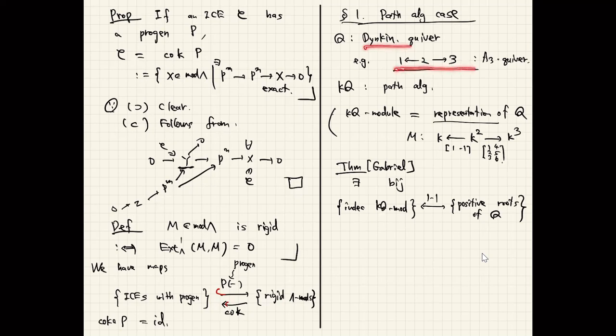In this case, the associated root system is just the root system of type A3.